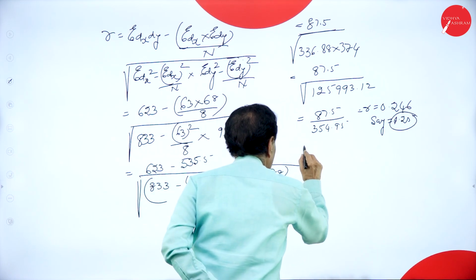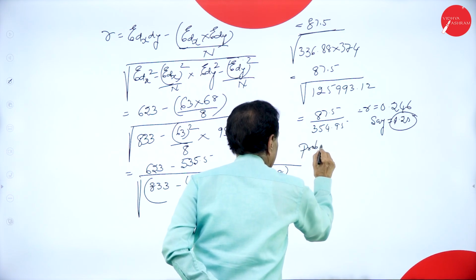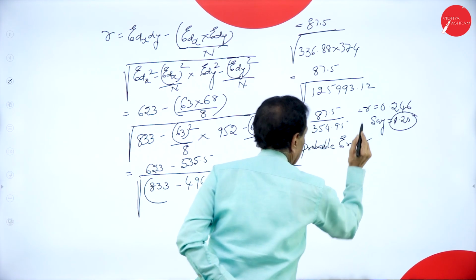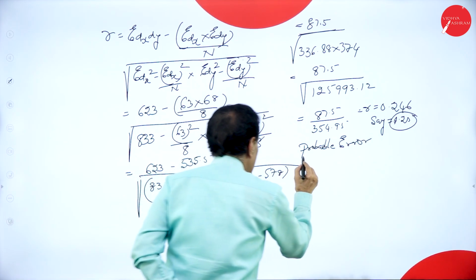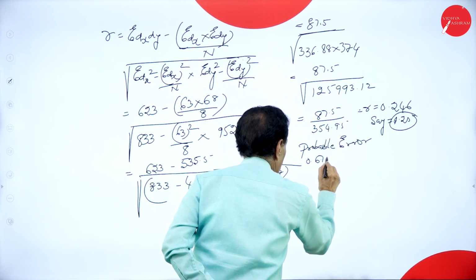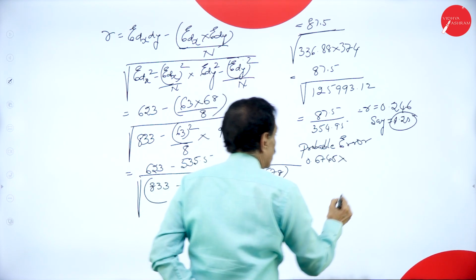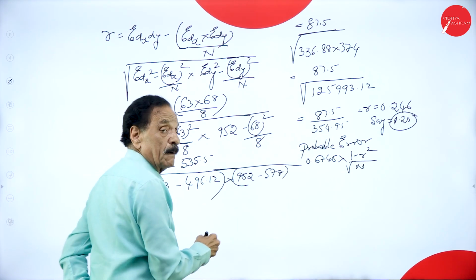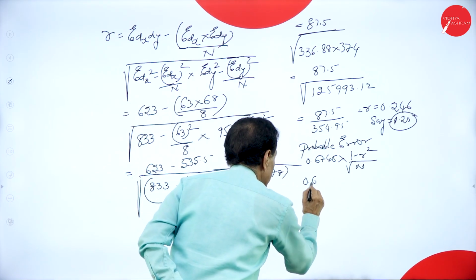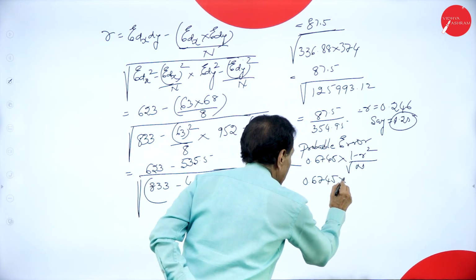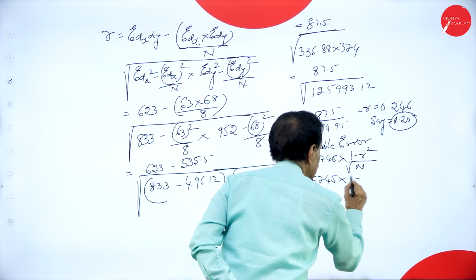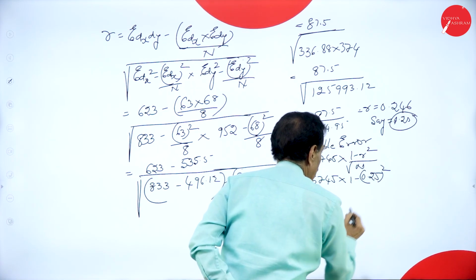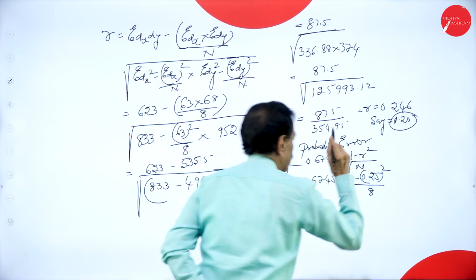Then probable error. Probable error is 0.6745 into 1 minus r square divided by root n. Apply: 0.6745 into 1 minus 0.25 whole square, root of 8.